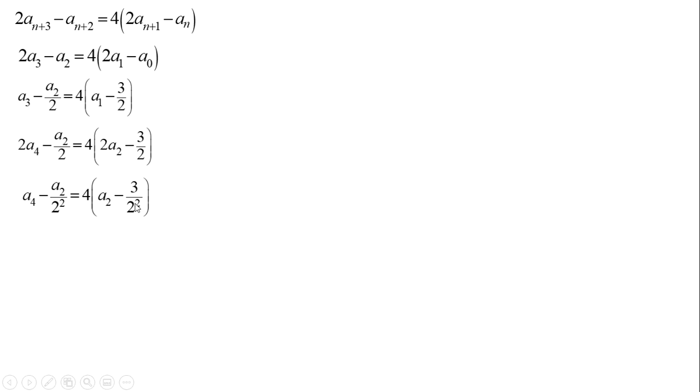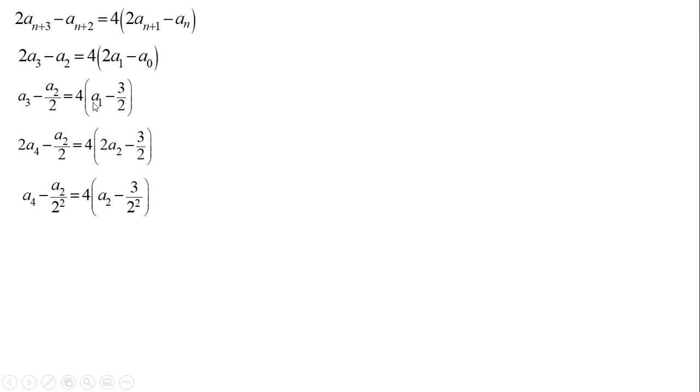So the power is increasing by 1. So the difference between this index and the power is always 2. You can see that this is 3 and this is 2 power 1. Here is 4 and 2 power 2. When it is 5, it will be 2 power 3. So the difference between them is always 2.